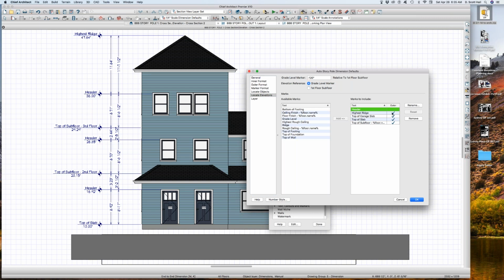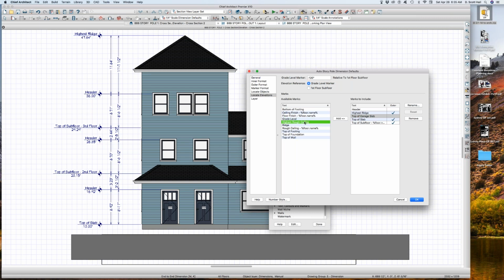So I don't think I want to list my headers on the outer dimension. Definitely I want my highest ridge. I want the top of garage slab. Actually, I never want the top of garage slab because the garage slab slopes, right? So why ever get that? But I do want the top of the slab, which is usually the top of the curve of a slab. And I want the top of the subfloor. Oh, wait a second. I don't want bottom of footings. It's just too much information. Ceiling finish? Who wants a ceiling finish? Somebody might, but I don't. Grade level? I already got rid of that, right?